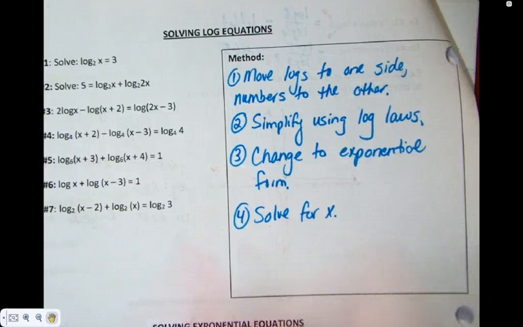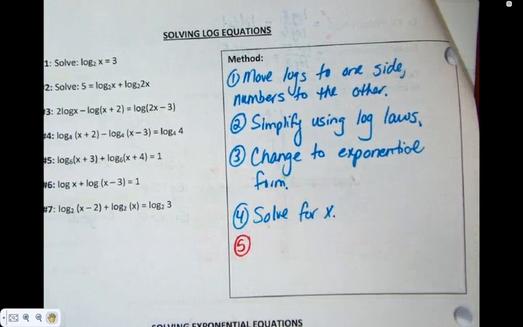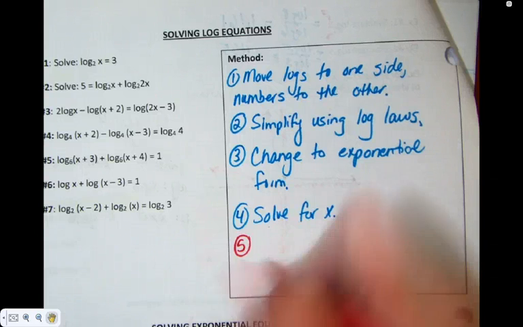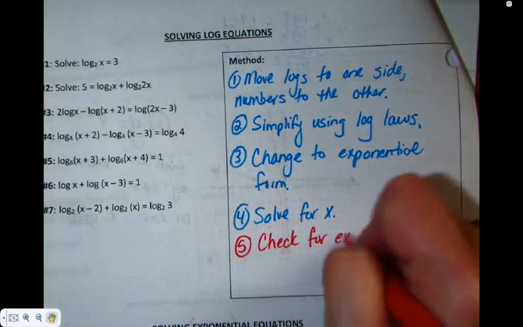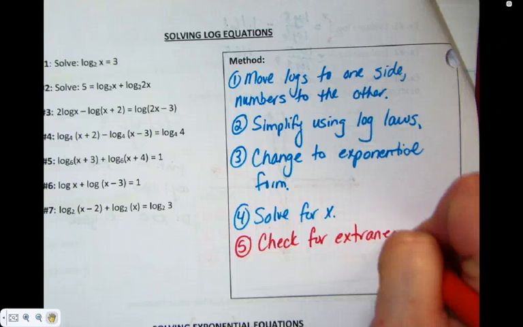And step five, going in red pen, is check for extraneous roots.